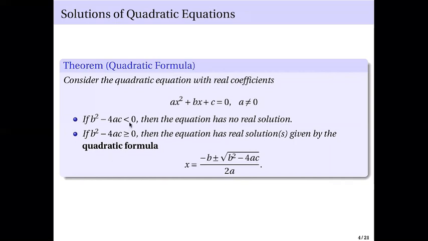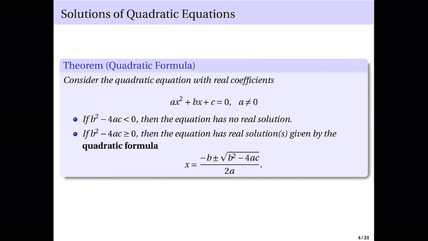That is why if your b squared minus 4ac is negative, you will have no real solution, because if you use this quadratic formula, you will have the square root of a negative number. And I mentioned before that we don't calculate square roots of negative numbers.